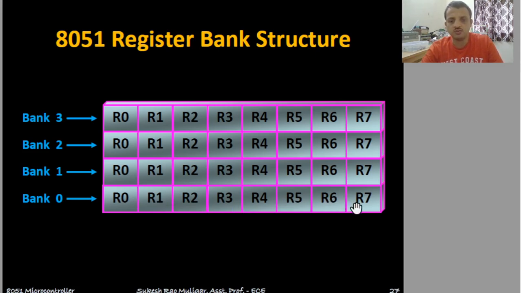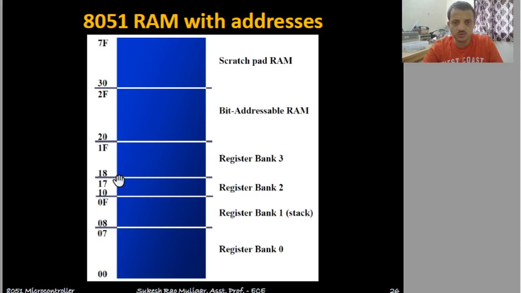Starting from the first location it is 00, then here comes 01, this is 02 location, and here it is 07, correct? The next location starts with bank 1, whose first location is 08. That's what is happening here.